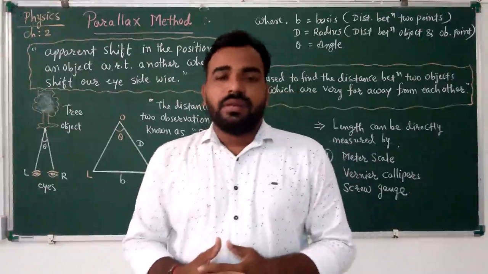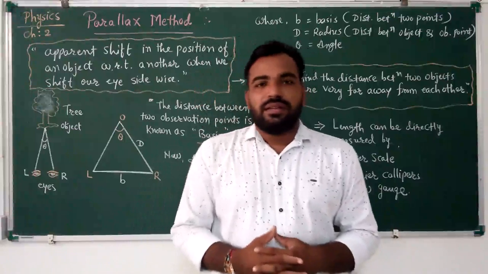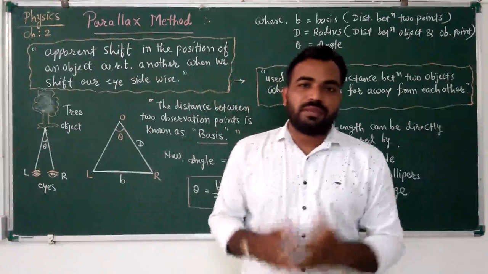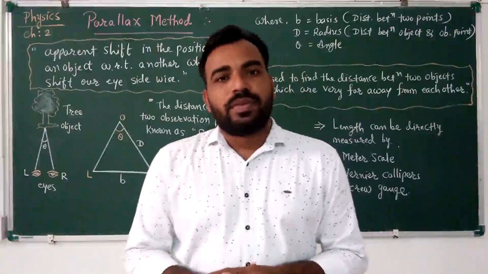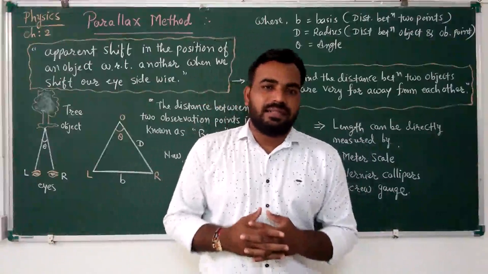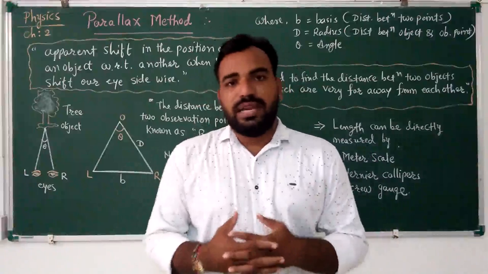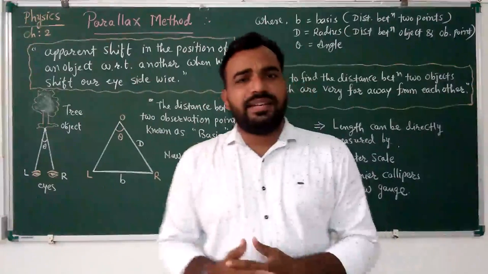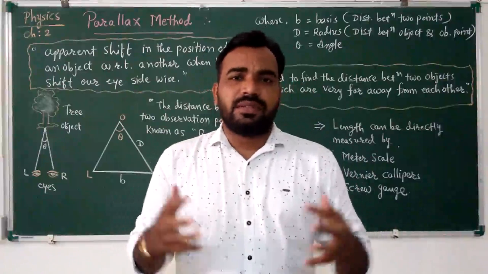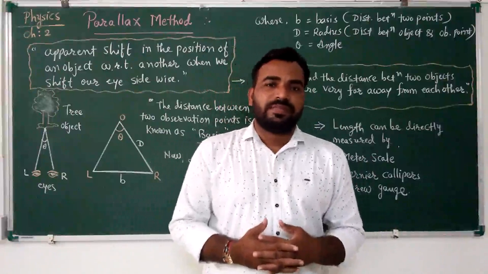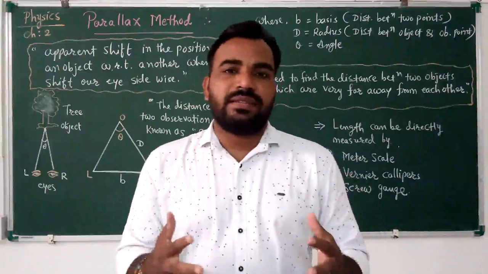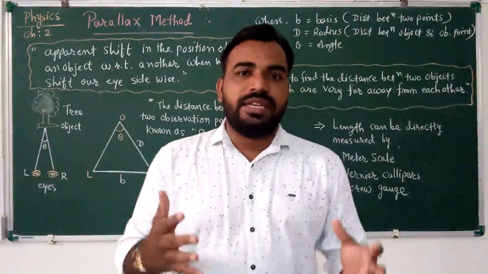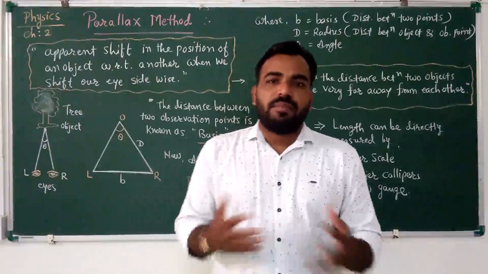Now, in the previous lecture, we studied about measurement of length also, for small lengths. For small lengths, we can generally use instruments like a meter scale, vernier calipers, screw gauge, right? For small size like size of molecule, we can measure the size of molecule using microscope.